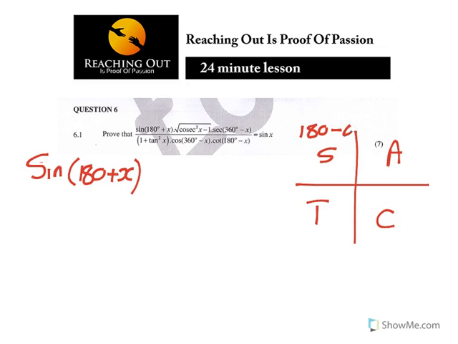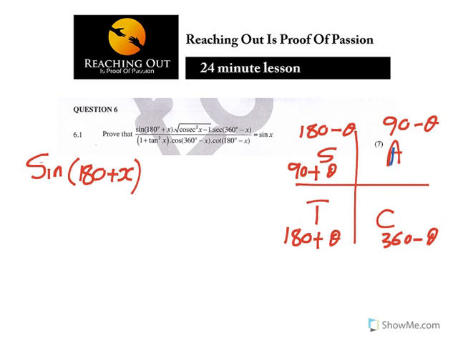This is 180 minus theta. This is 180 plus theta. This is 360 minus theta. This is 90 minus theta. This is also 90 plus theta. Write it on the right side here. It's 90 plus theta. These are very important things.